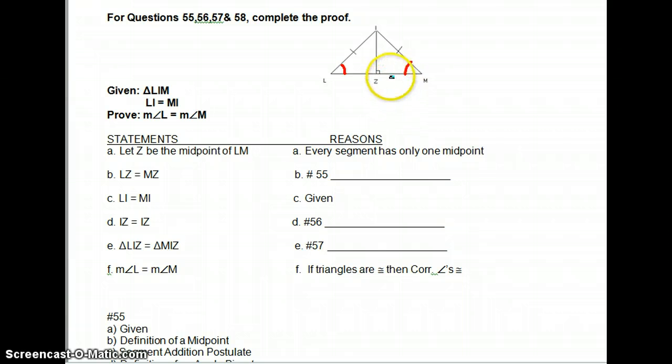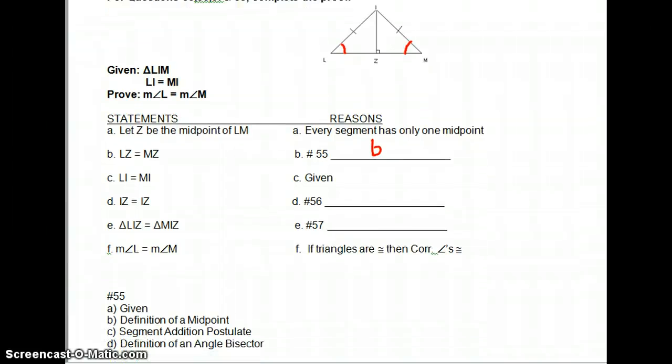A says let Z be the midpoint of LM. So LZ equals MZ. 55 is going to be B, the definition of a midpoint. Let's see. IZ is equal to IZ is the reflexive property, which is C.